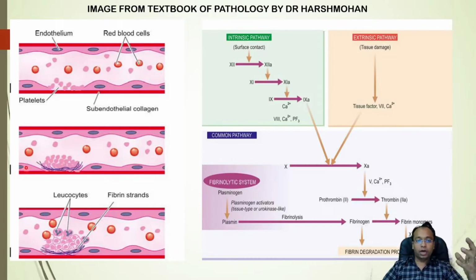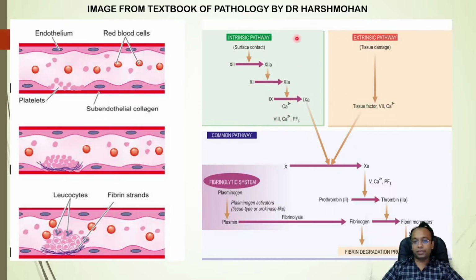So if the endothelial injury persists, then a secondary hemostatic plug can form by activation of the coagulation system, and it can be activated by the extrinsic pathway or intrinsic pathway. In the extrinsic pathway, tissue factor 7 plays the main role, while in the intrinsic pathway, the main factors responsible are 12, 11, 9, and 8.